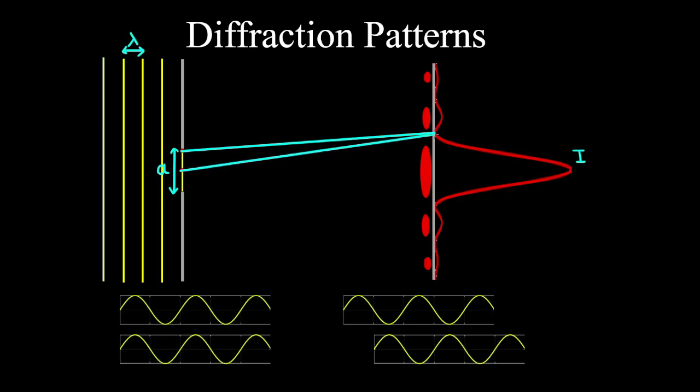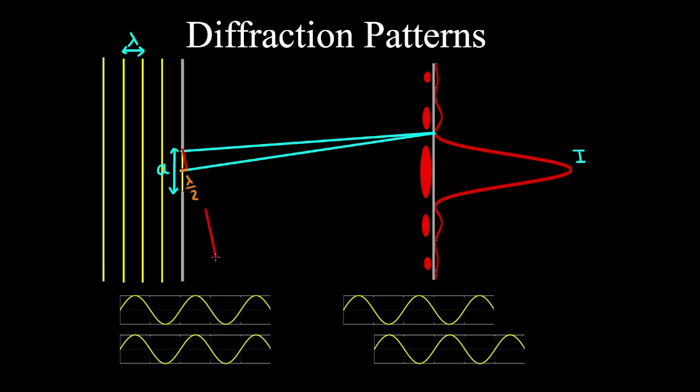So these are the light rays. And for destructive interference to occur between these 2 wavelets, the bottom one must travel an additional distance of lambda on 2 compared to the first wavelet.